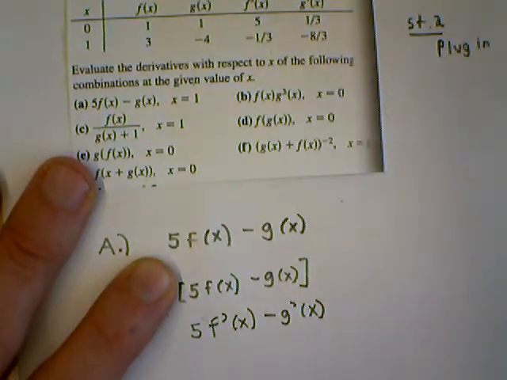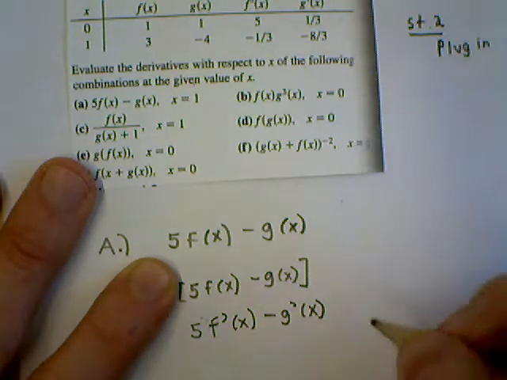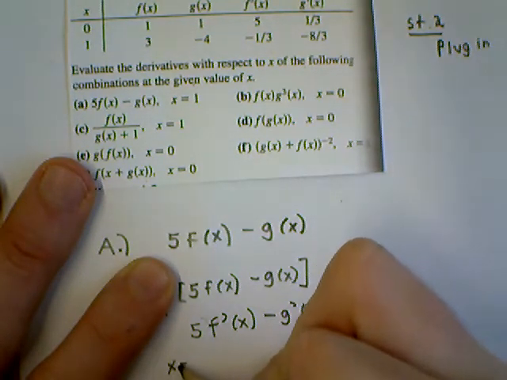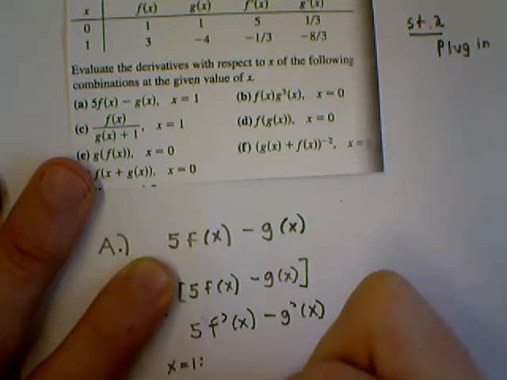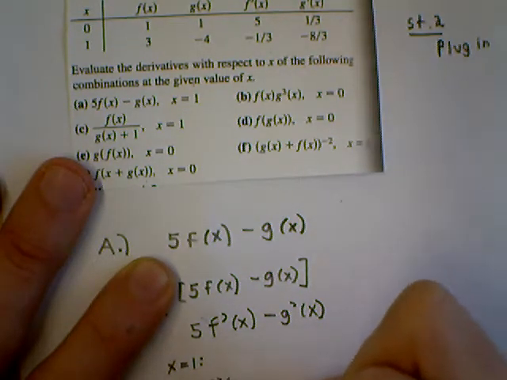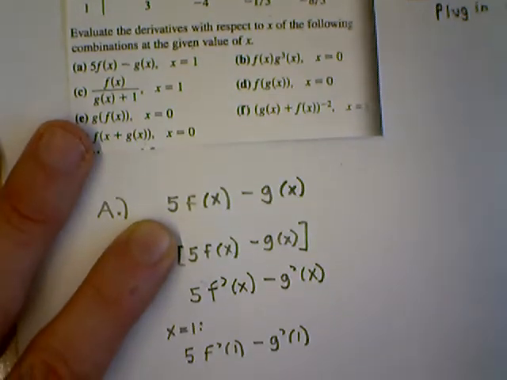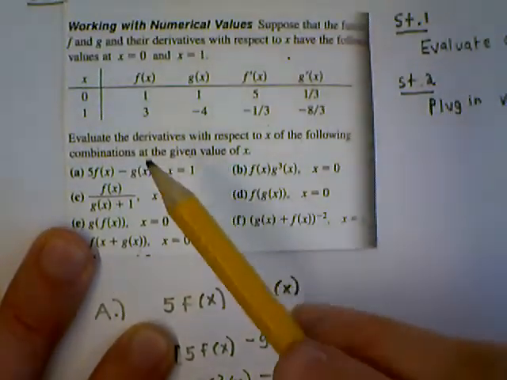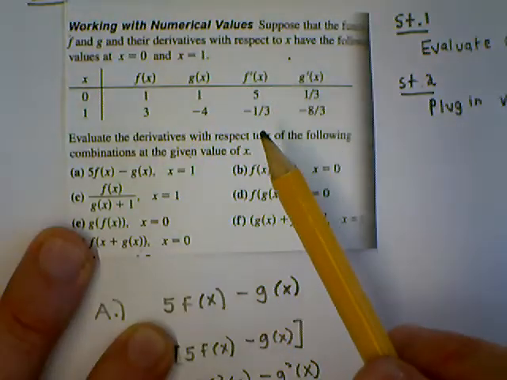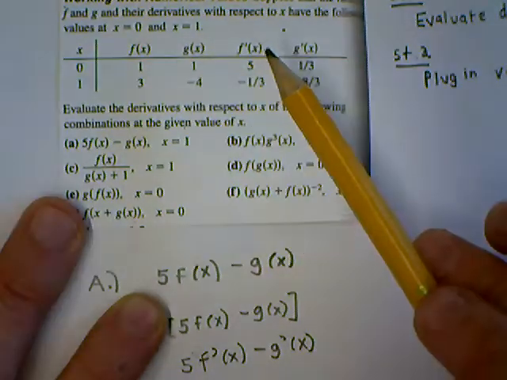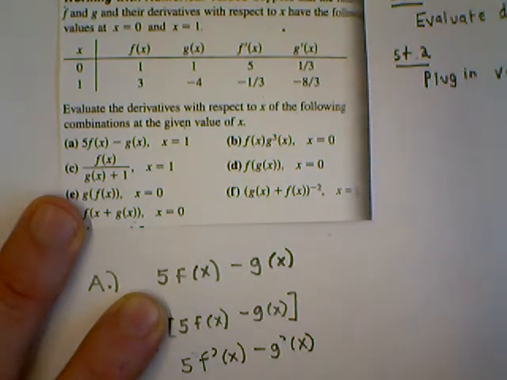Now from here it says I'm evaluating this at x equals 1. So right now I'm going to evaluate at x equals 1. So I'm going to have 5 times f prime of 1 minus g prime of 1. F prime of 1 is negative 1/3, and it says that g prime of 1 is negative 8/3.